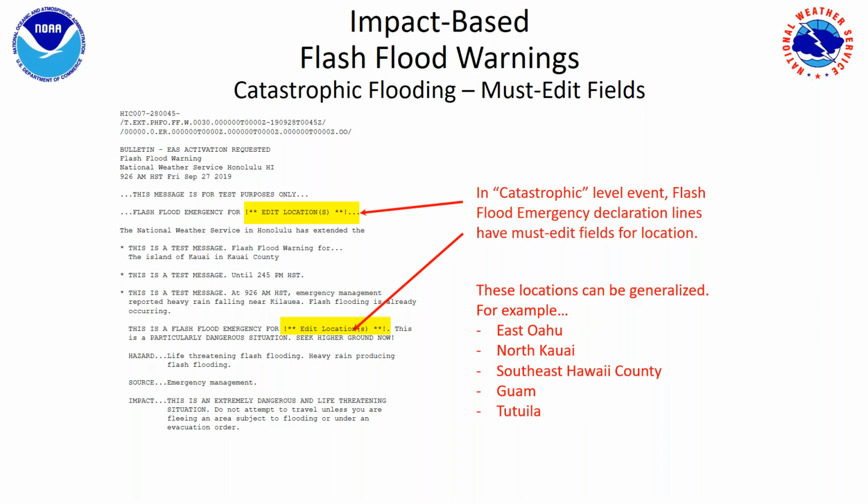I would imagine that any catastrophic level event for you folks would be pretty much on Tutuila. I can't think of it having that level of impacts on some of the other places. Correct me if I'm wrong on that, but I think in most, if not all cases, it's going to be Tutuila.